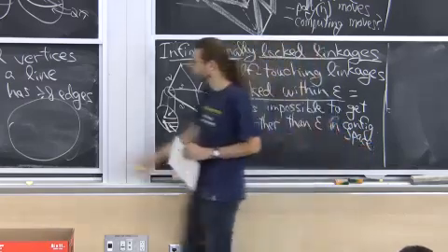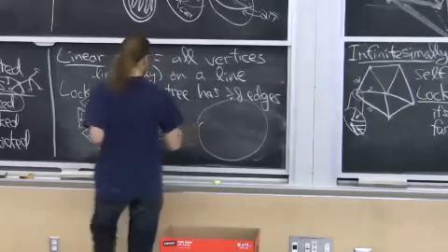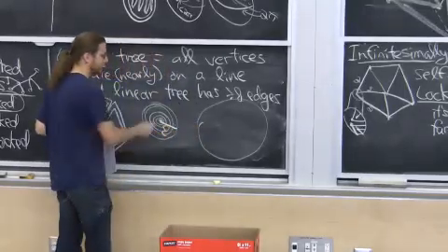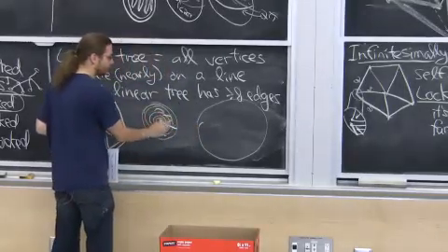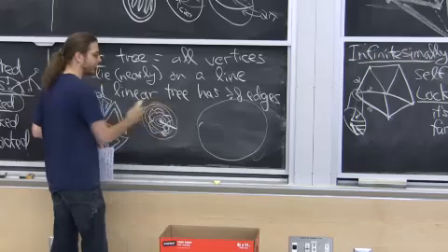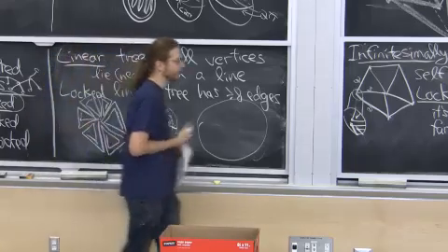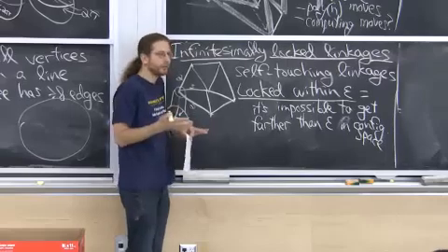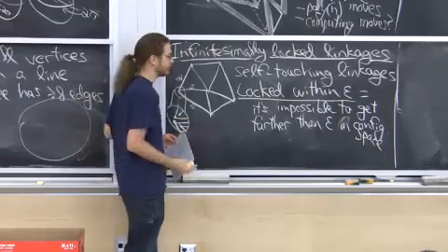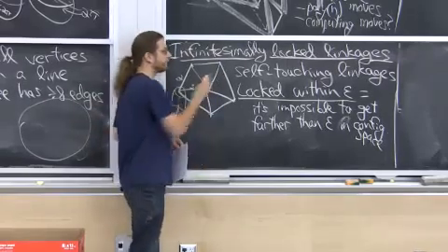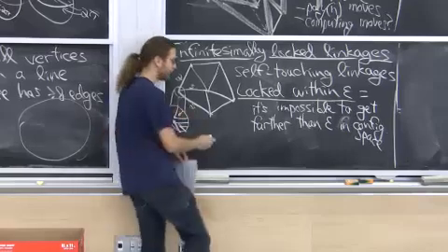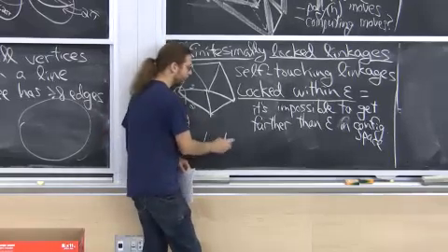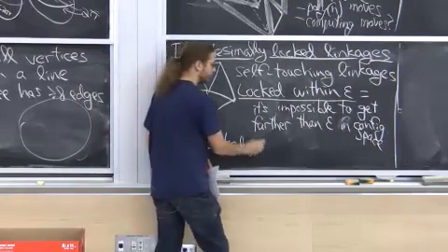So that's this little ball, thinking about radius epsilon here. And if you can't get outside that ball, it's some weird space you can get to, but if it's bounded by a ball of radius epsilon, then I say you're locked within epsilon. And if epsilon is small, that really means there are other things you can't get to. Well, as soon as I get to self-touching, I can actually think about being locked within epsilon for epsilon equals 0.